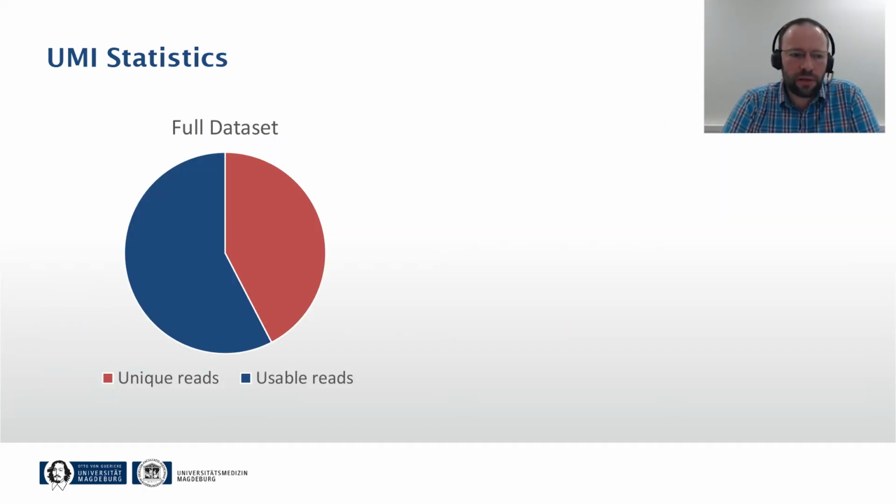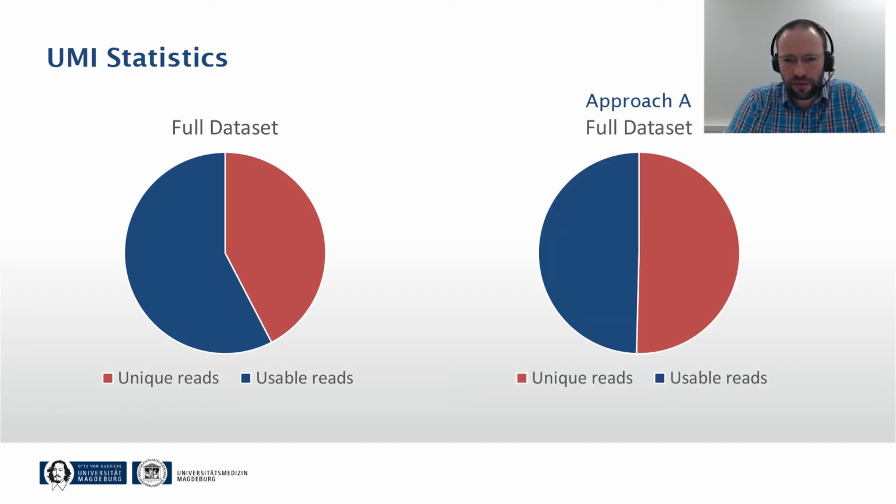So first of all, again, a look at the full data set and the usable reads. By a reduction of the target size, so the custom panel was nearly half of the first one, we could increase the usable reads to nearly 60%. So compared to approach A, we could slightly increase the usable reads, and that's a benefit for the analysis.